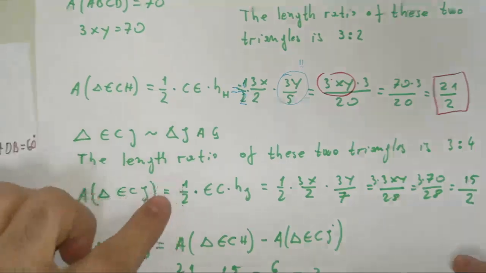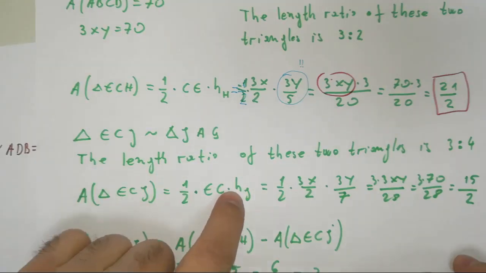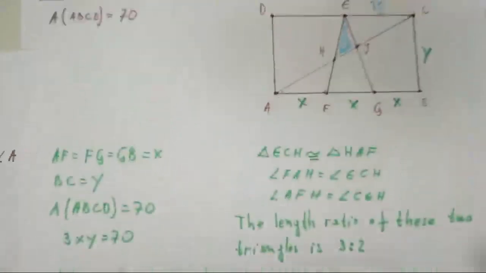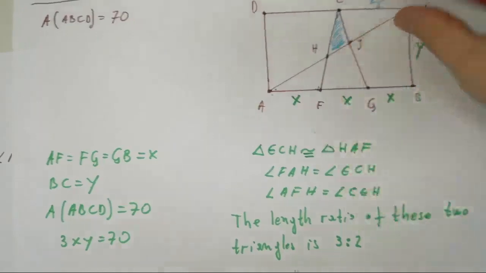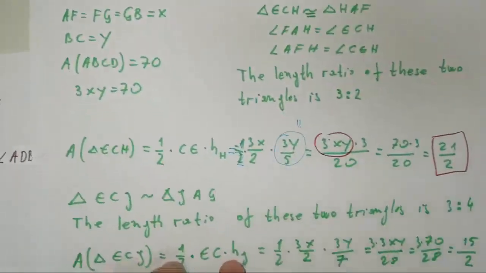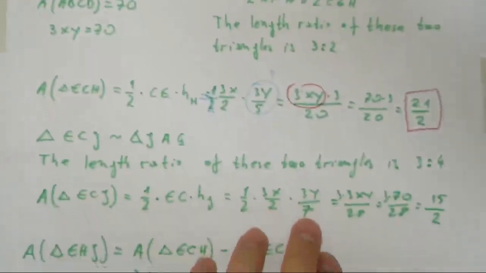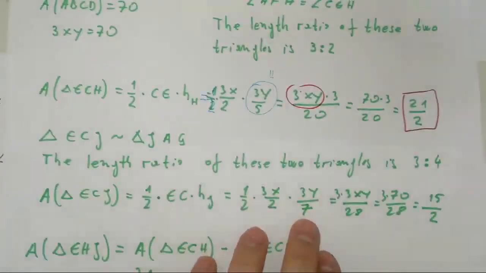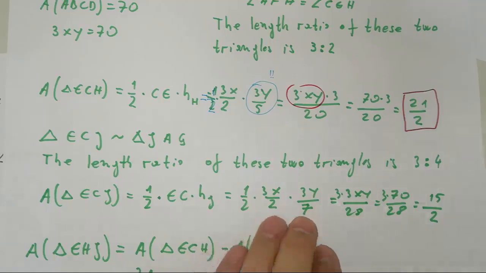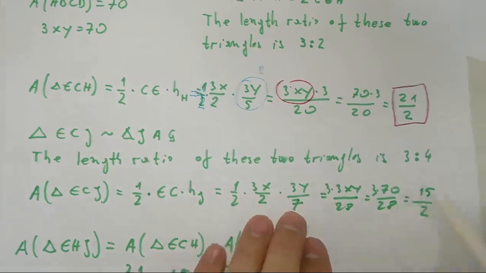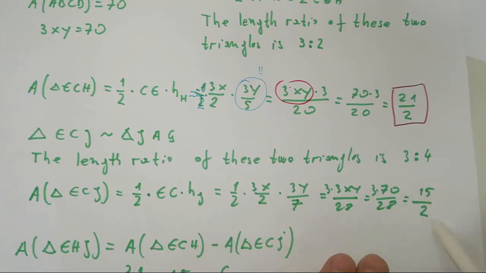Now it's 1/2 EC times the height of the point J. EC is again 3x over 2, and the height at the point J is 3y over 7 for the same reason, because there are similar triangles, just as Philip said. So here the area is 15 over 2.